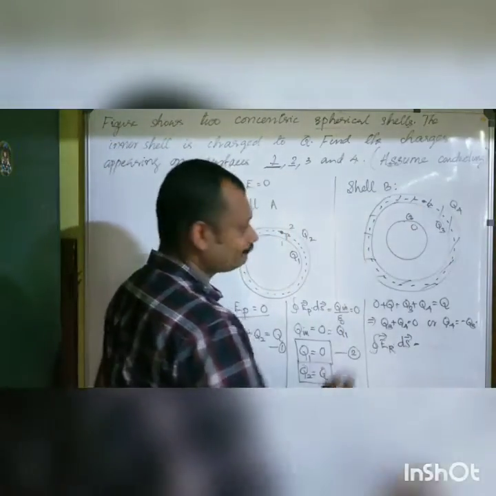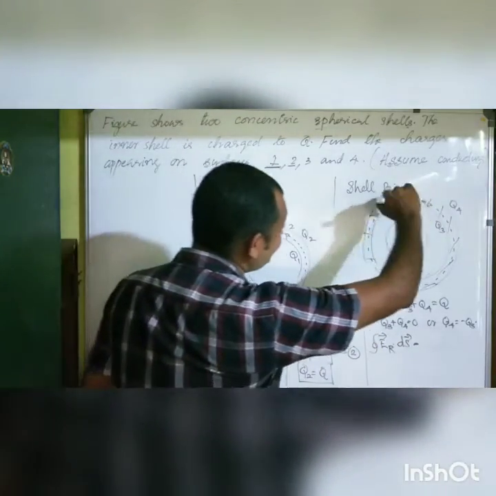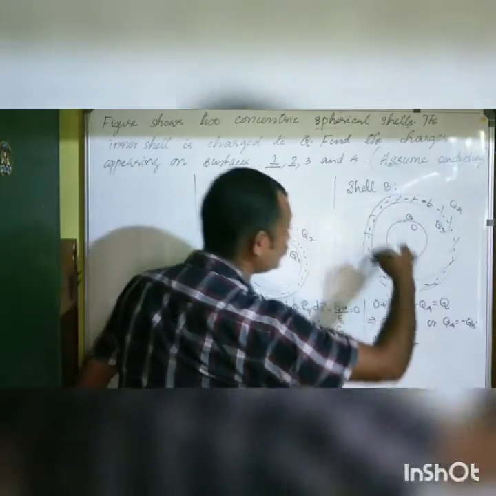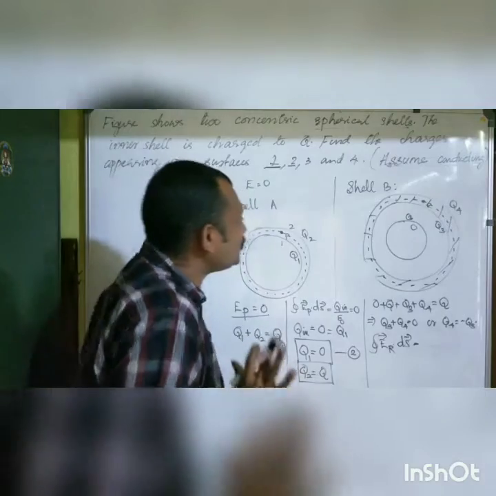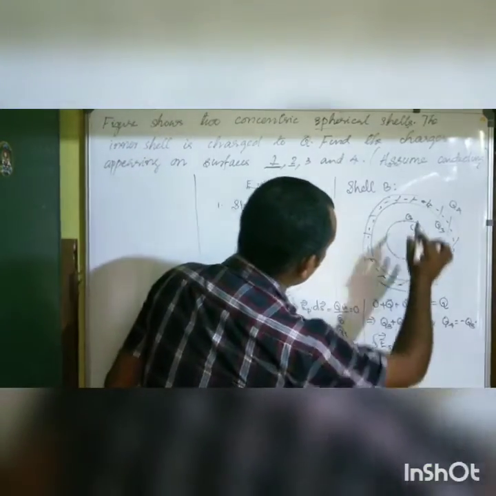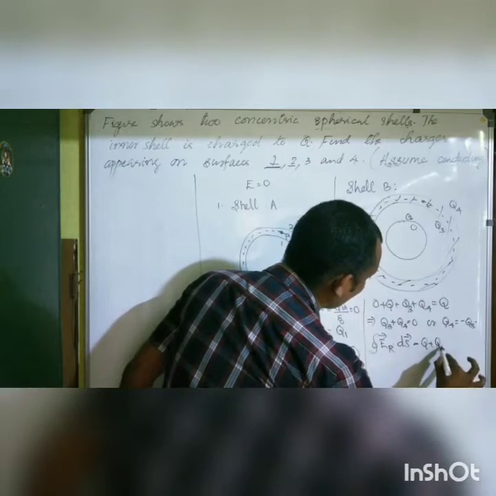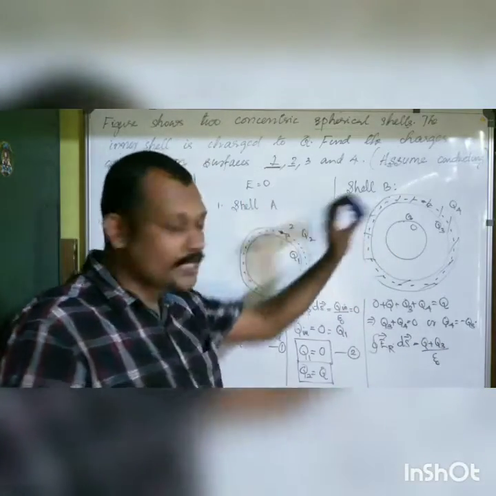0, Q, Q3, right? Charges enclosed by this Gaussian surface. It's very simple to solve. This is Q plus Q3 divided by epsilon 0. Hope you understand that.